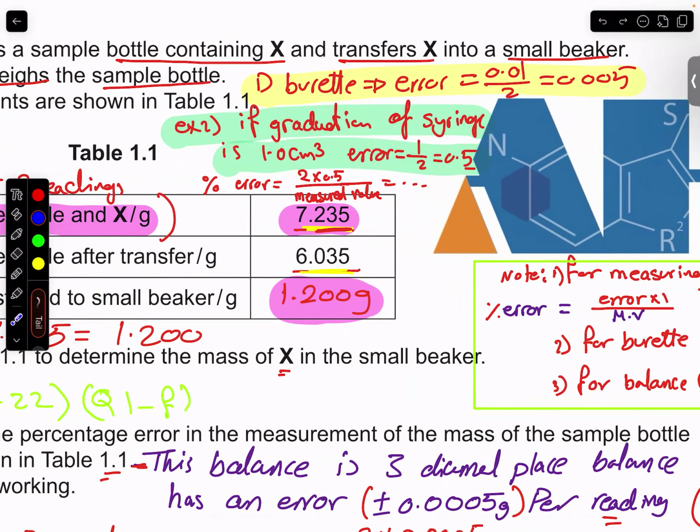But if we put in the syringe a specific volume and increase it to another volume, for example 5 cm cubed of sodium chloride solution and then add another 5 cm cubed of potassium hydroxide, and we need to find the percentage error of the potassium hydroxide, we take the readings 2 times. In this case, we multiply 0.5 times 2, divided by the measured value, times 100, equals the percentage error.